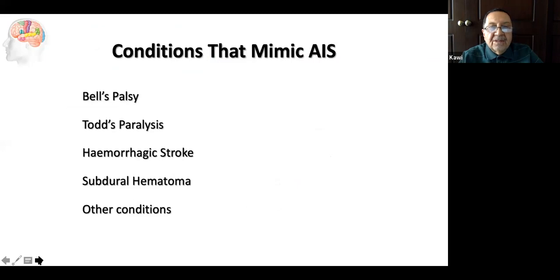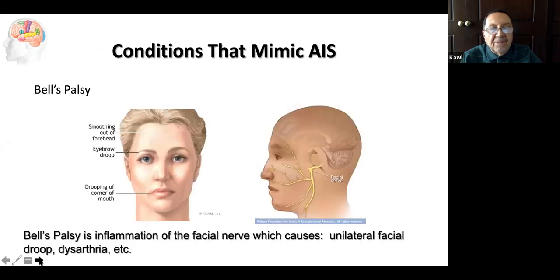Differential diagnosis: conditions that mimic acute ischemic stroke are Bell's palsy, Todd's paralysis, hemorrhagic stroke, subdural hematoma, and other conditions. Bell's palsy, or in Arabic, laqwa, and in colloquial Arabic, Abu Jay, is manifested by weakness in the upper part of the face and lower part of the face.